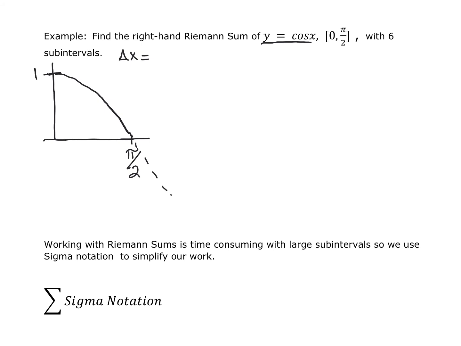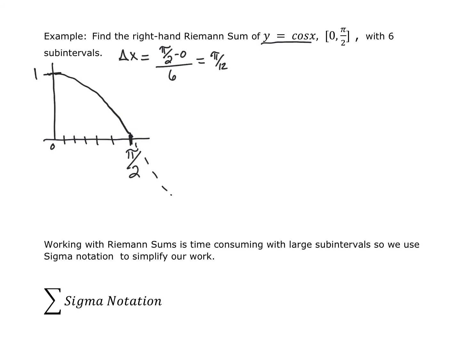So we're going to first find the length of our subinterval, which is called delta x, and that's b minus a over n. So in this case, pi over 2 minus 0 over, I said 2, but I meant n, so divided by 6. This is going to give us pi over 12. So this is going to be 0, 1, 2, 3, 4, 5, 6.